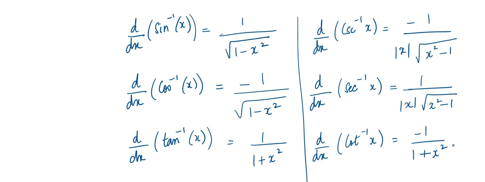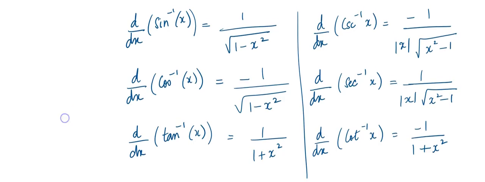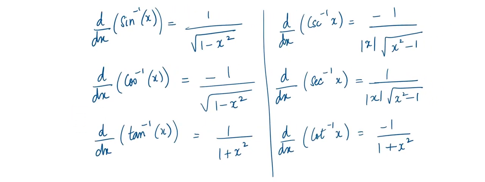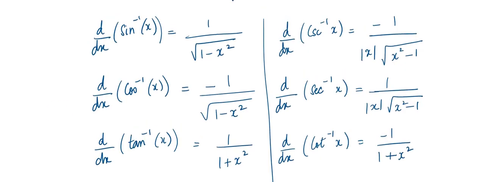So there are double-layered restrictions that fall on it, and therefore the signs have changed accordingly to produce these derivations. So moving forward, you can cautiously start using these formulas whenever you need to find the derivative of inverse trigonometric functions.